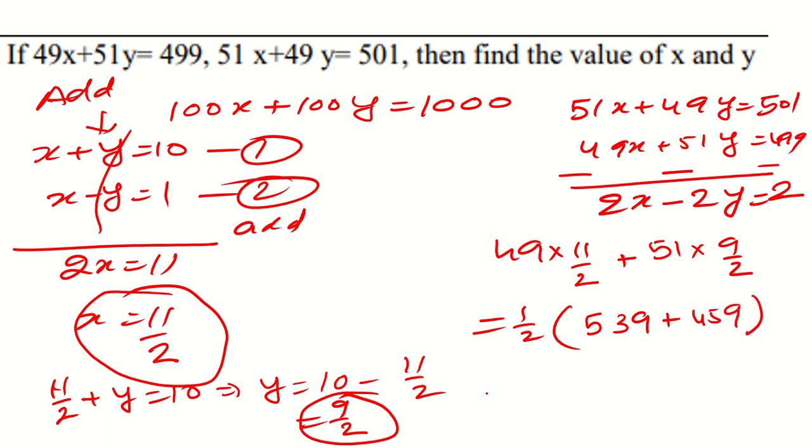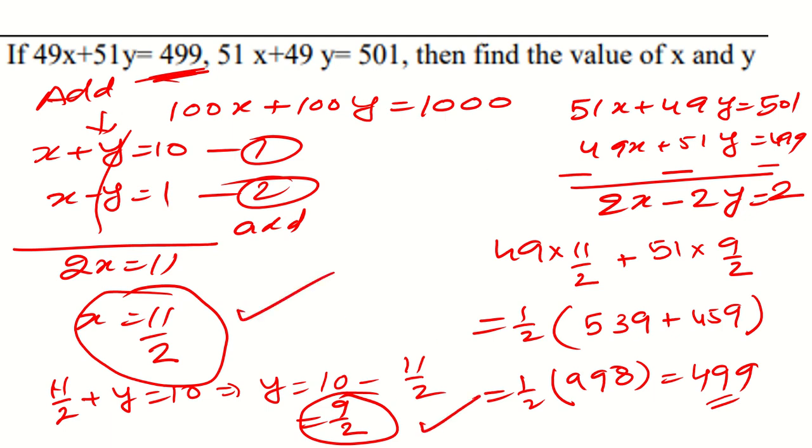So 1 over 2 times 998, divided by 2: 2 fours are 8, 2 nines are 18. So 499 is the answer. So it seems to be correct. Like this you can check in the exam also.